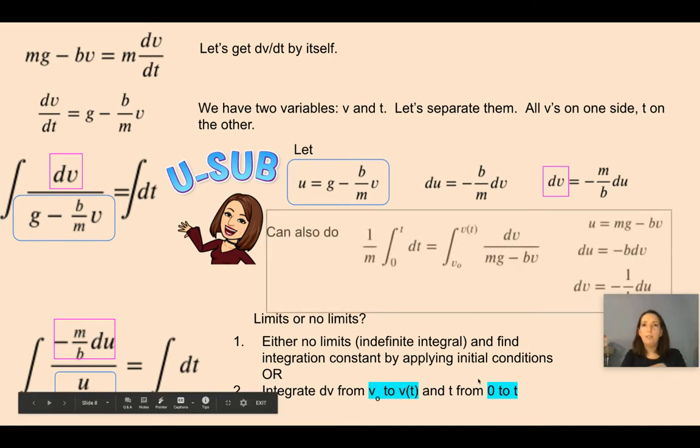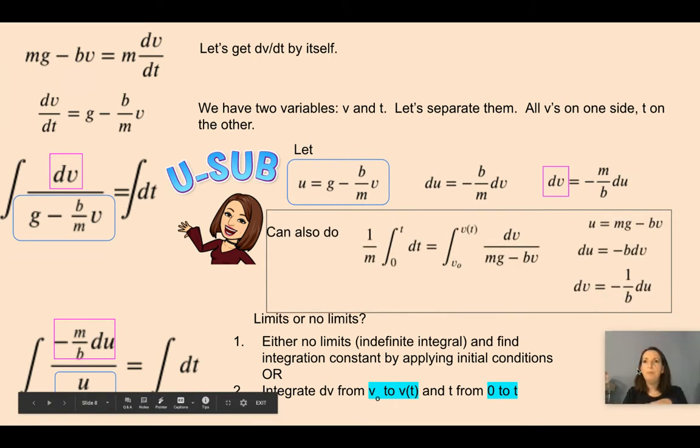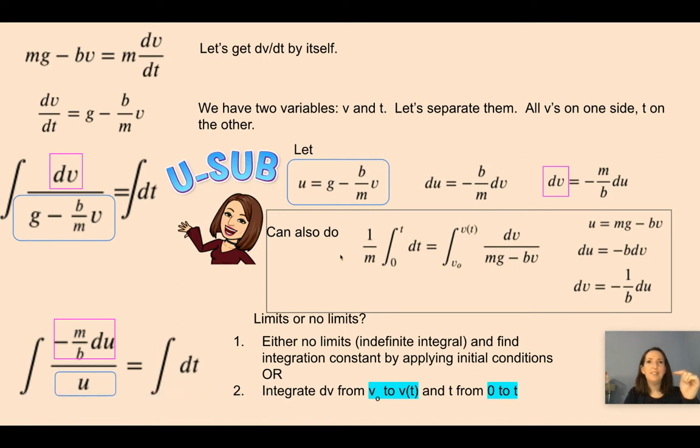By the way, before I leave this page, when you look at other ways of doing this, instead of this equation you can rearrange it and get 1 over m dt, if you divide the whole thing by m.